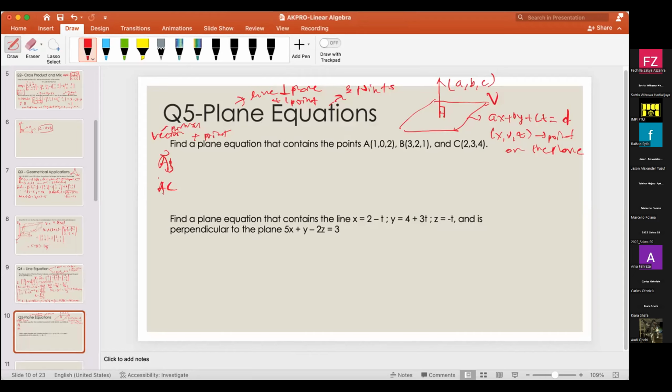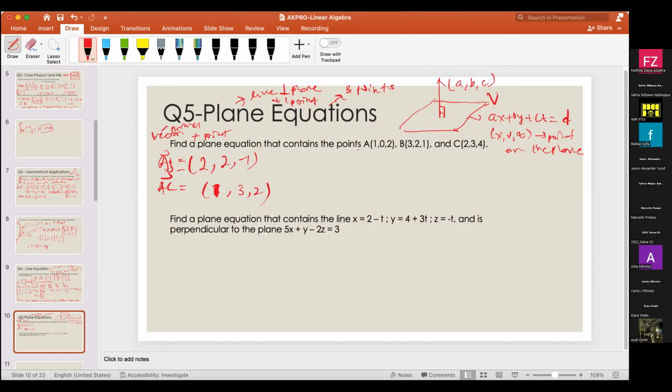In this case, we're going to do AB and AC. AB would be 2, 2, -1, and AC would be, sorry, this is 1, 3, 2. And so these are our vectors.